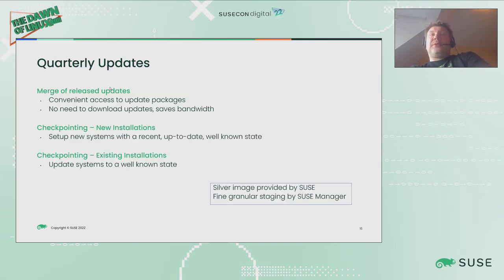Quarterly updates. So we provide such a thing called quarterly updates. Every quarter, we combine all updates that happened during this quarter. We condense and compress it in one deliverable, and make it available for you. And that is a great thing for you.